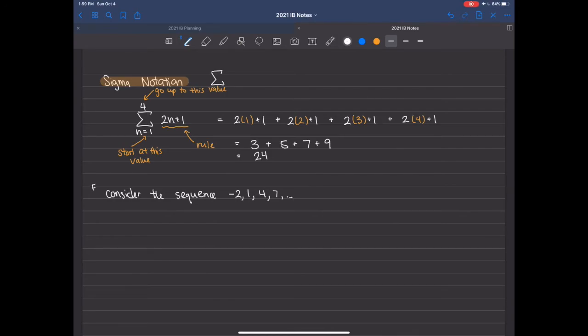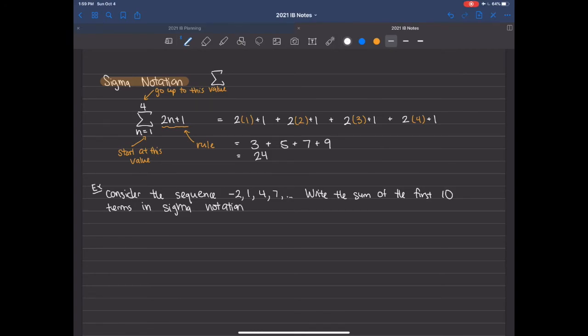And make this an example. Let's say, write the sum of the first 10 terms in sigma notation.